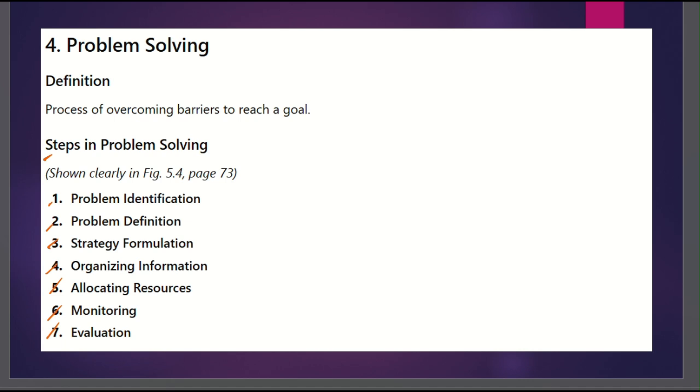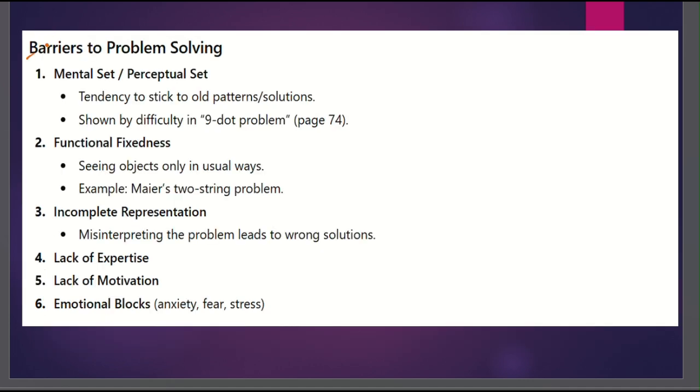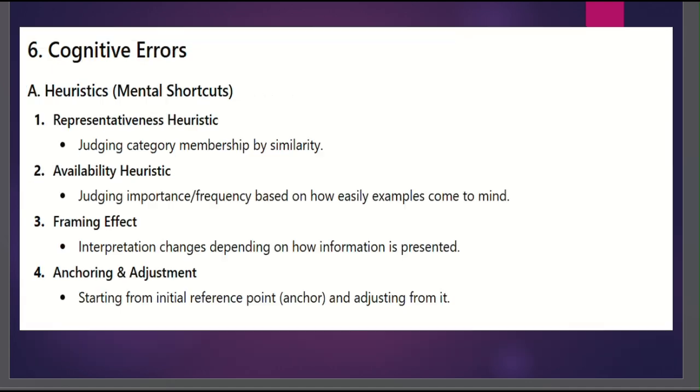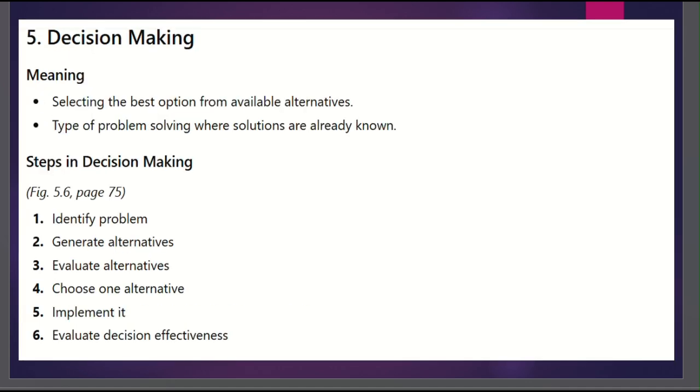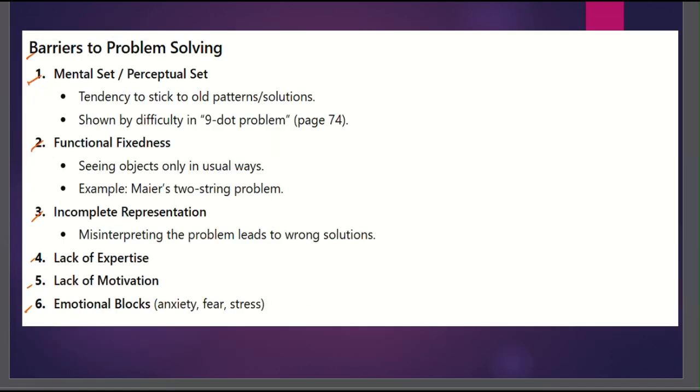Barriers to problem solving include mental set, functional fixedness, incomplete representation, lack of expertise, lack of motivation, and emotional blocks. Mental set means using only old methods. Functional fixedness means seeing objects only in their usual function.